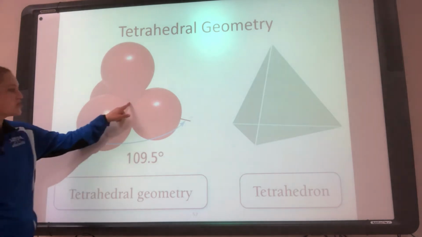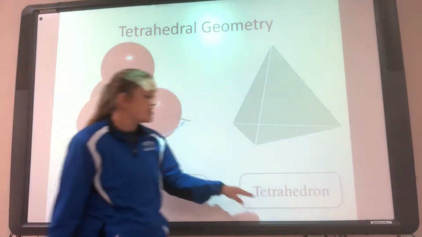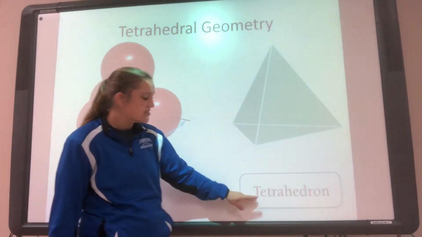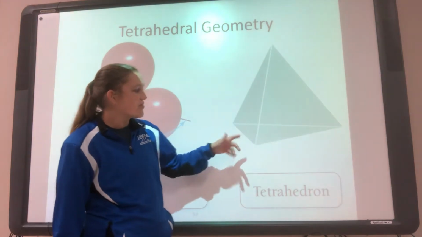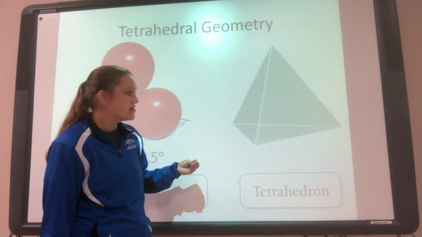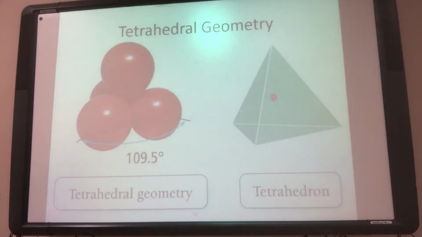Here's my balloon picture. So if I tied four balloons together, this is what it looks like. But the way we get tetrahedral is because this is a tetrahedron, okay? And so this is the shape. Kind of looks like a pyramid, but not exactly, right? So your central atom is in the middle of your shape, and then you have 1, 2, 3, and 4 things attached.